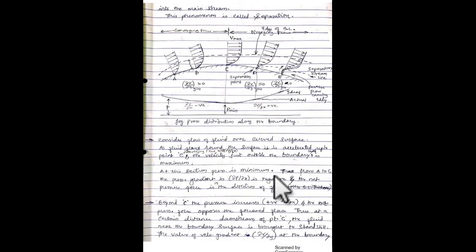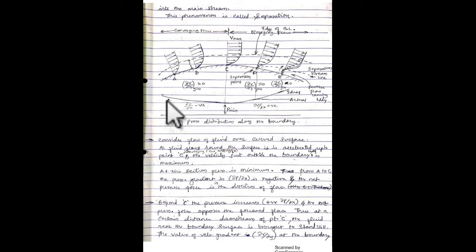The next term is the separation of the boundary layer. You can see here the separation of the boundary layer through this diagram. It is observed that there are points A, B, C. This is the pattern of the boundary layer, and then again D, E. So A, B, C is the converging section, and C, D, E is the diverging section.